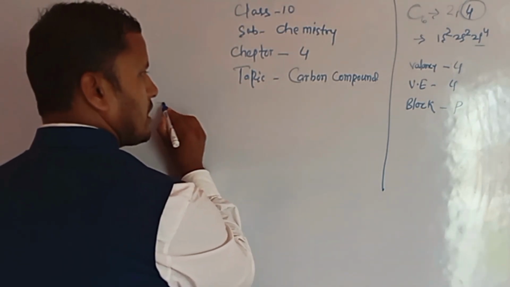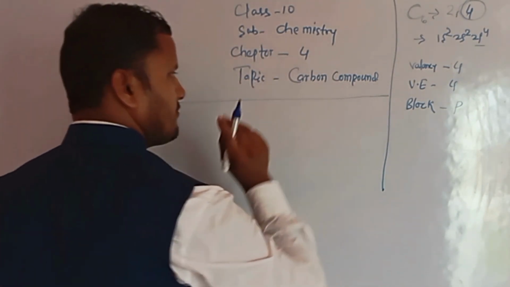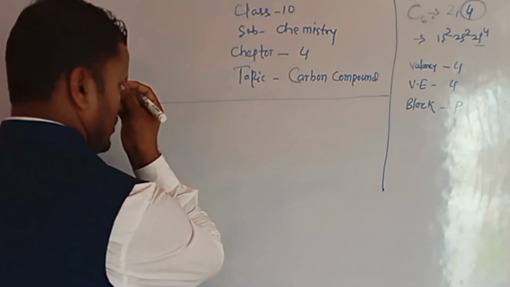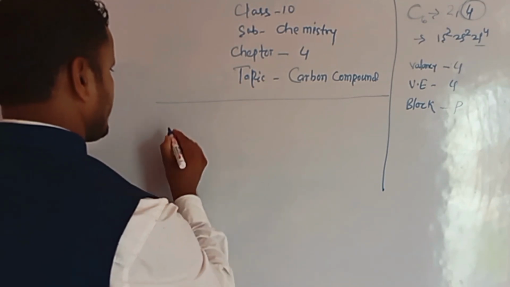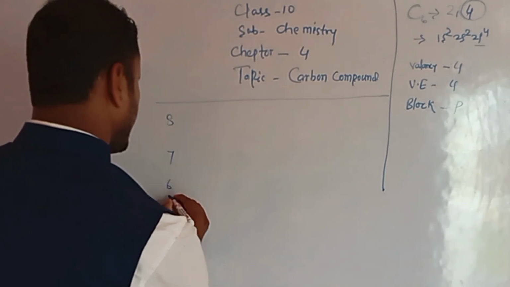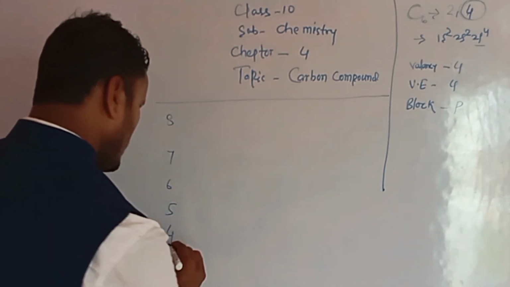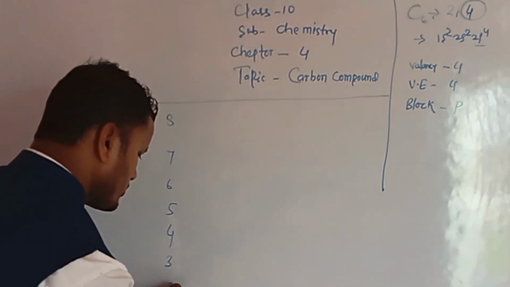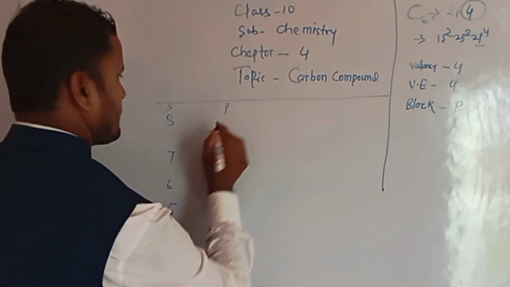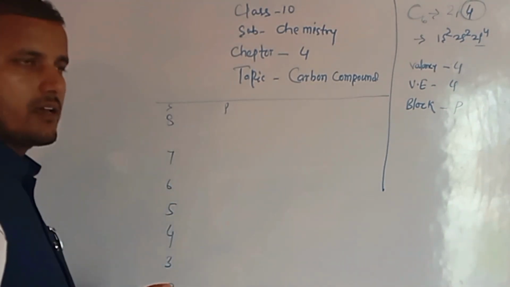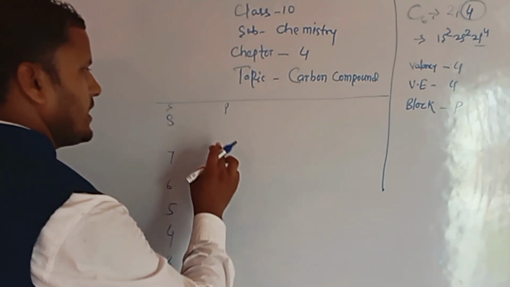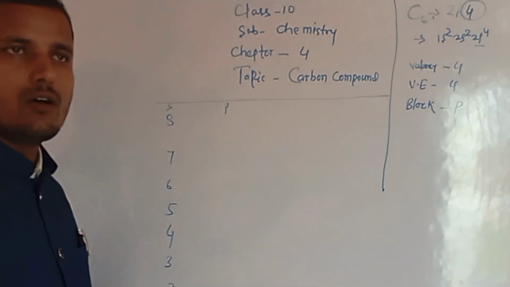First of all, we write 8, 7, 6, 5, 4, 3, 2, 1. This is S and this is P. Take care and listen carefully, and you have to also learn it.